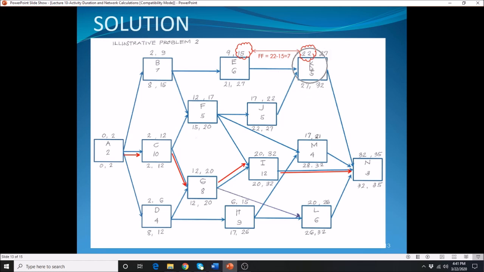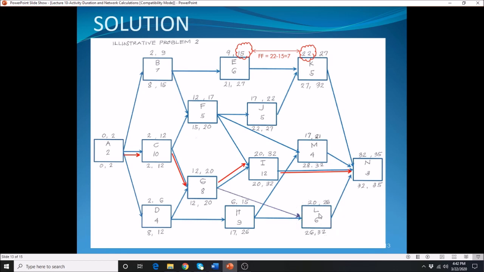For activity K, coming from E and J, consider the maximum. You have 15 and 22, that's the reason why you have the 22 here. Activity M is coming from F and H. Whichever is the maximum between the two, 15 and 17, gives you 17. 17 plus 4 gives you 21.